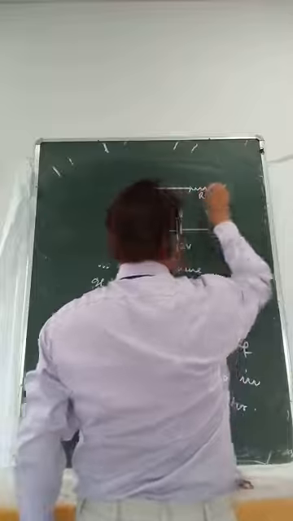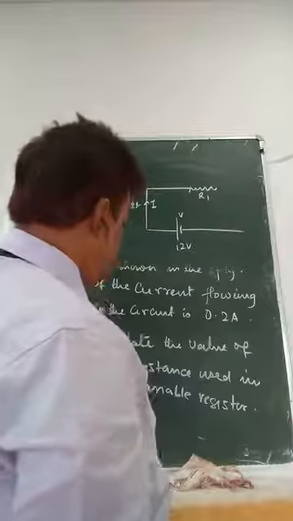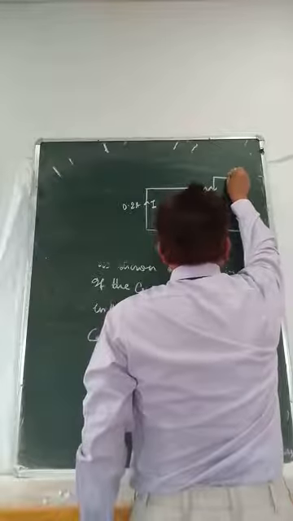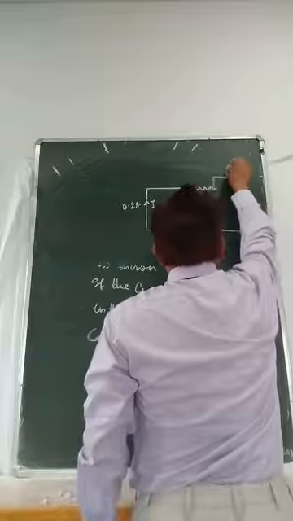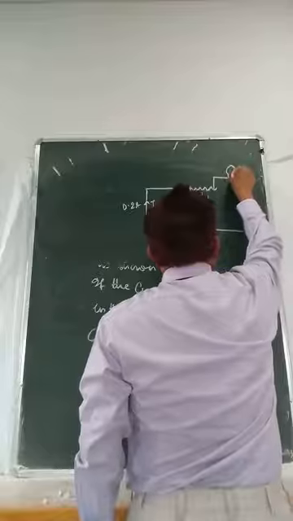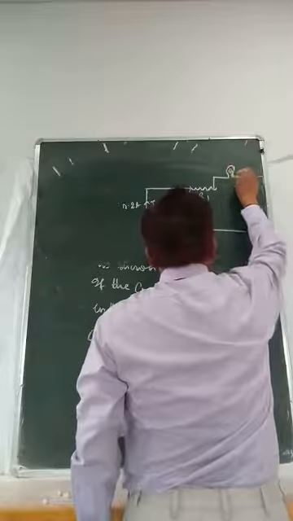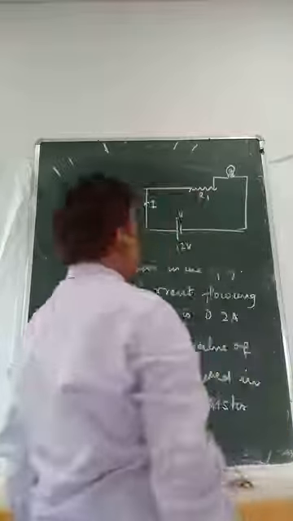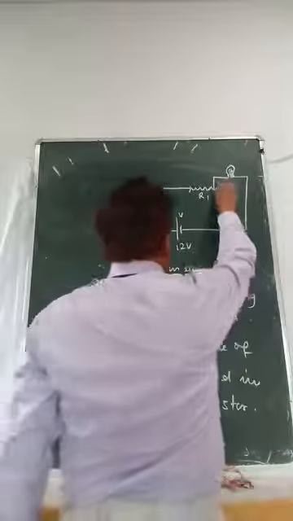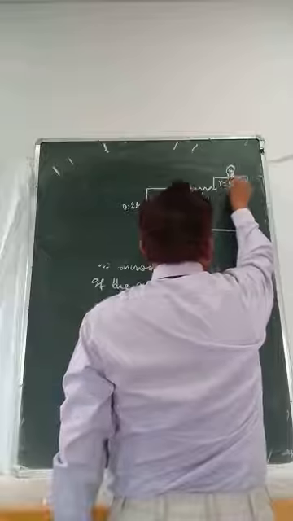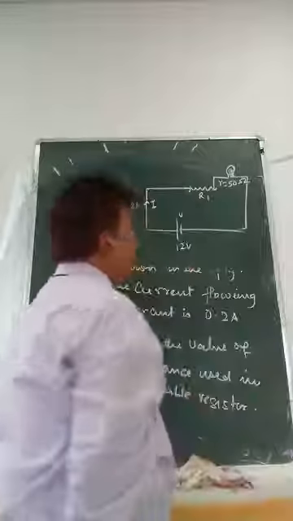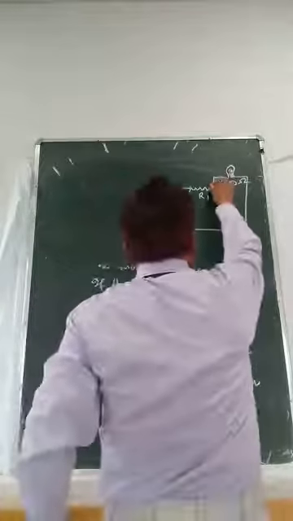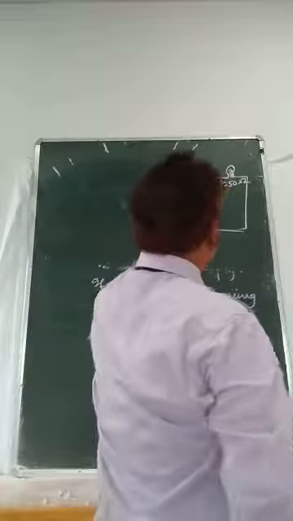This is your R1. Then from here a bulb is connected. The resistance of this is 50 ohm.